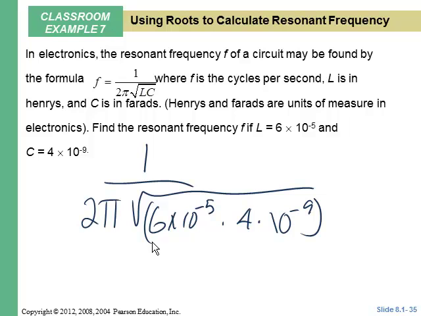Negative 5, times 4 EE negative 9, close parentheses, equals. So the frequency is 3.25 times 10 to the 5th. That's pretty fast.